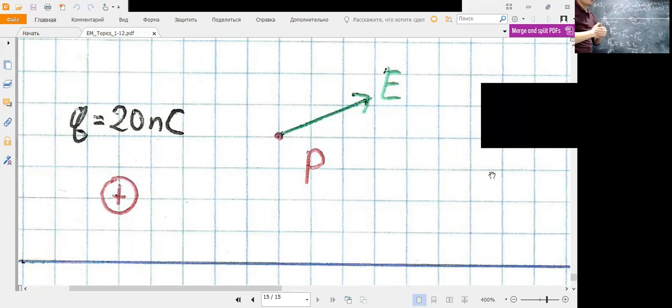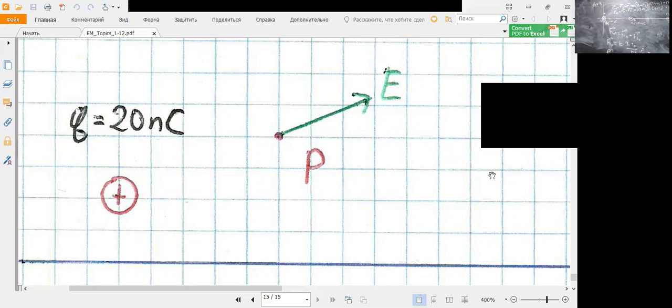And you should find the electric field at the point P. I think here, 4. 1, 2, 3, 4, 5, right, 5.